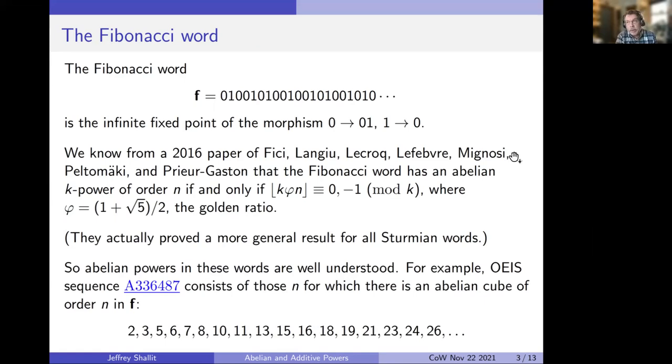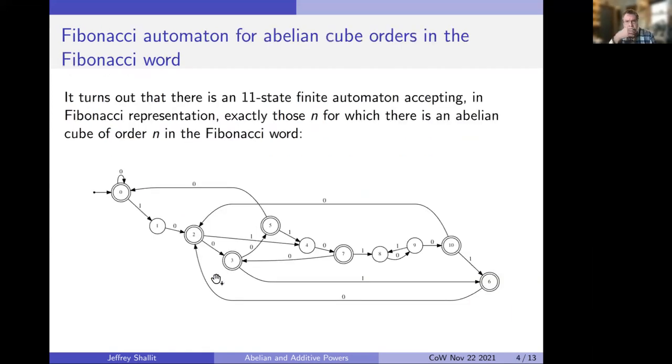For example, in the Online Encyclopedia of Integer Sequences, the sequence A336487 consists of those n for which there's an abelian cube of order n in F. In particular, there's a finite automaton that accepts these orders for which there's an abelian cube of order n. It follows from the result of Fici et al. that I mentioned.